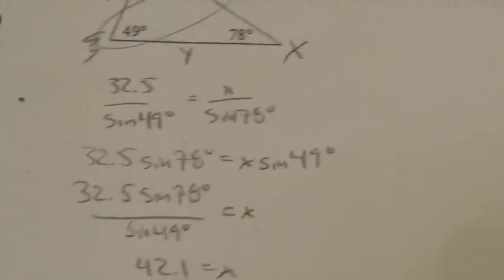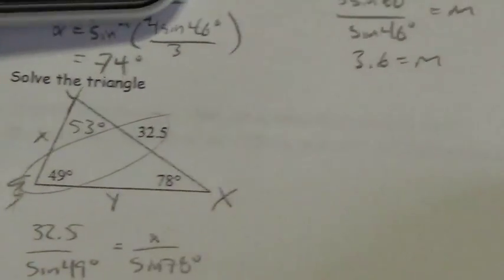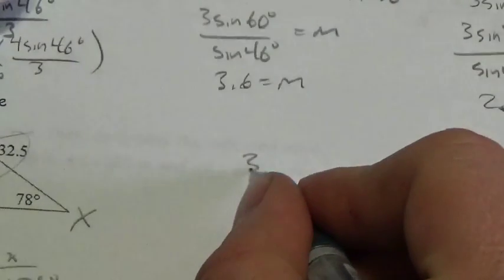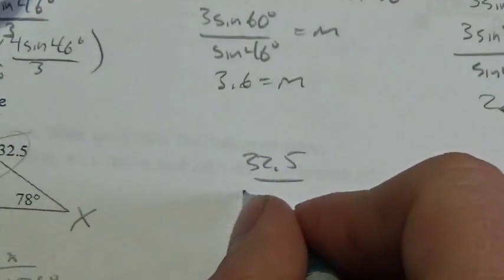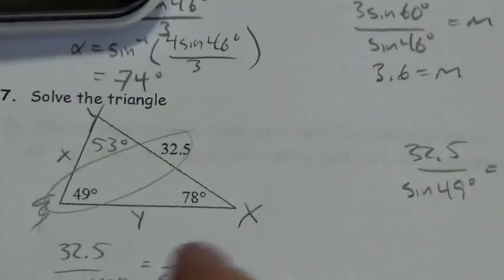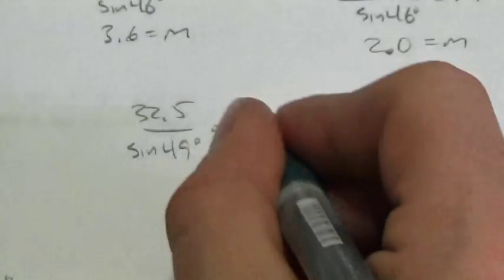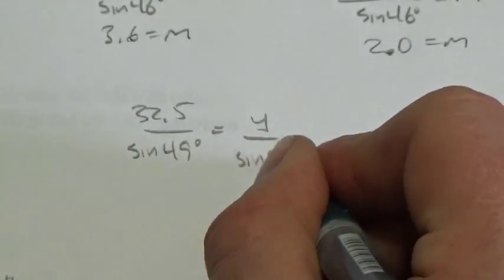So there's side x. Now we just got to solve for side y. But we're going to start with that same ratio that we used to begin with. The other question, 32.5 over the sine of 49 degrees, because I know that. And then it's the angle 53 that I'm working with, so this is going to be little y over the sine of 53 degrees.